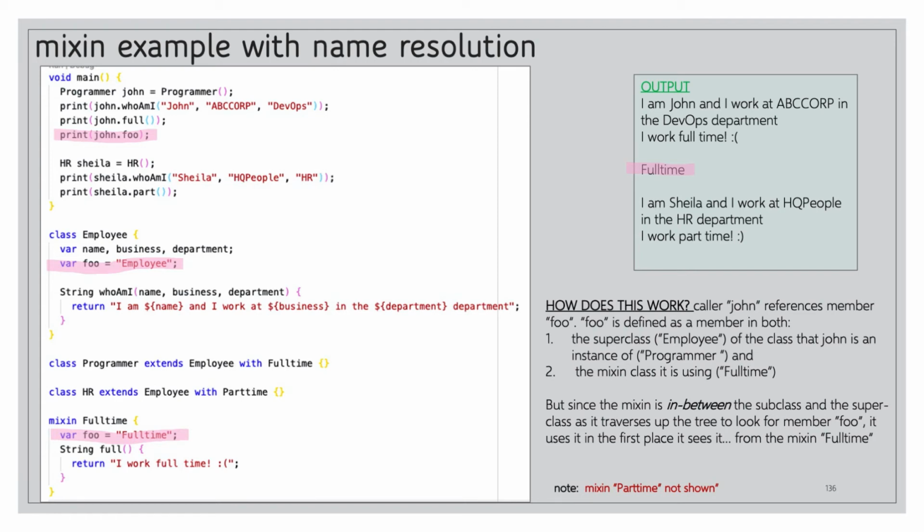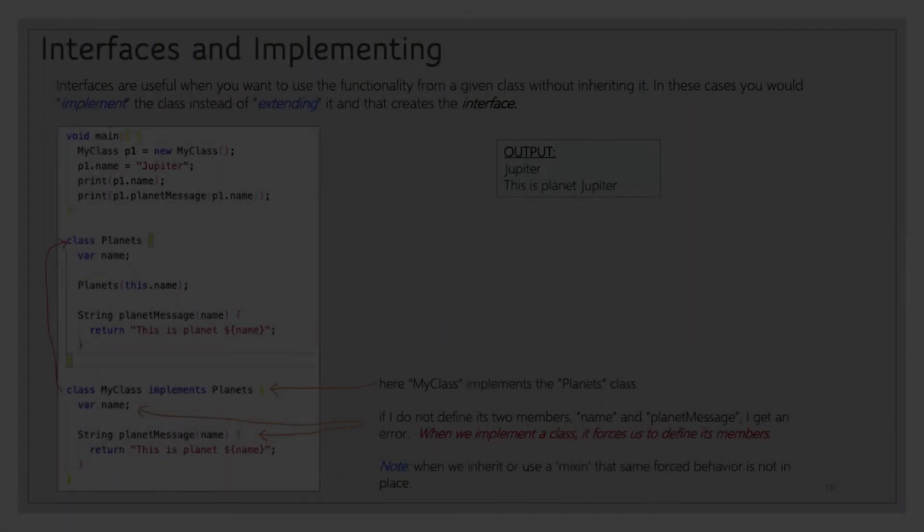Now, instance John, and John again is an instance of the programmer class, makes use of john.foo, and you'll note when that gets printed out, the value for that is full-time. So it becomes very clear that when name resolution is an issue, the mixin will come before the superclass. Had there not been foo in the mixin, then John would have certainly used employee as a value.